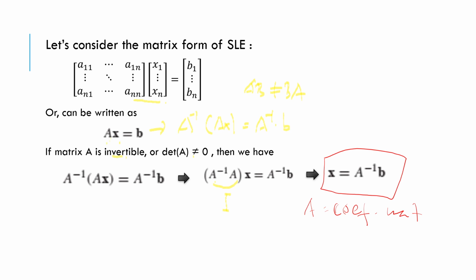Then for the left hand side we just have x only, and for the right hand side we just have A inverse times b. Then I can say the formula of the solution of the system by using the inverse method is x equals A inverse times b. Let's have a look at an example.